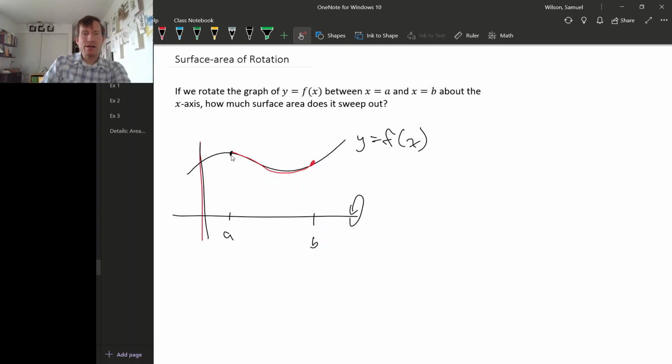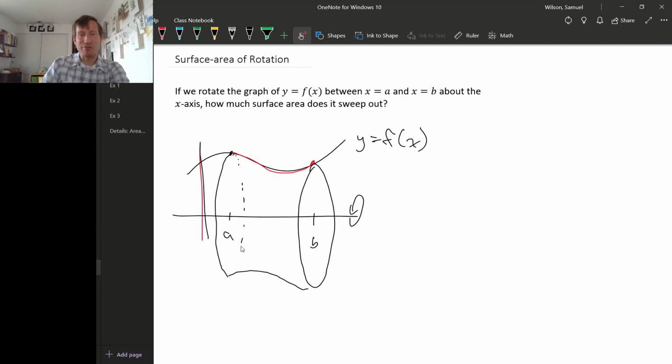When we do that, we get this sort of, I don't know what to call this shape. It's sort of like some sort of vase shape, I guess. This general shape is called a surface of rotation because we generated it by rotating a graph. It sweeps out some surface area on the sides here.